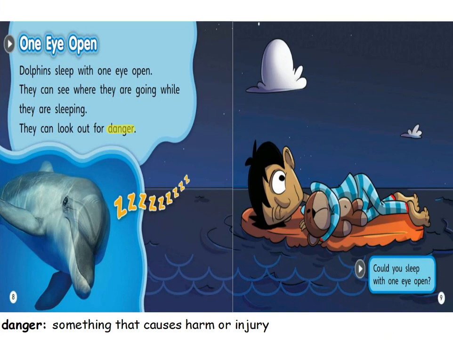I noticed in the text that one of the words was highlighted. Did you see the highlighted vocabulary word in our text, boys and girls? The word danger means something that causes harm or injury.